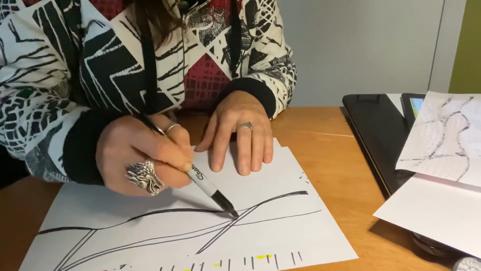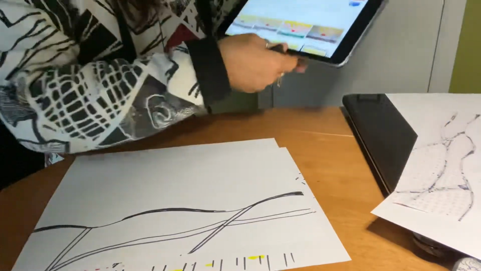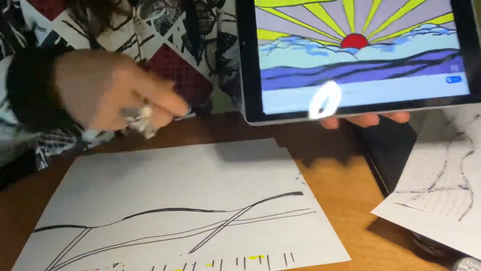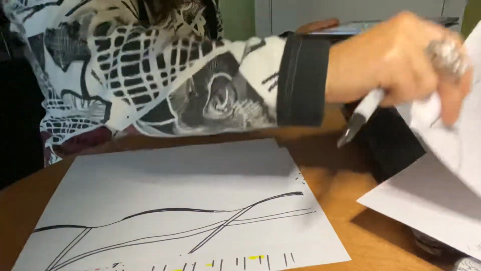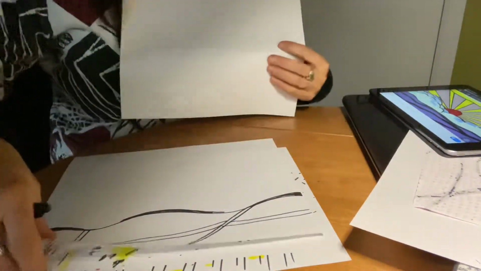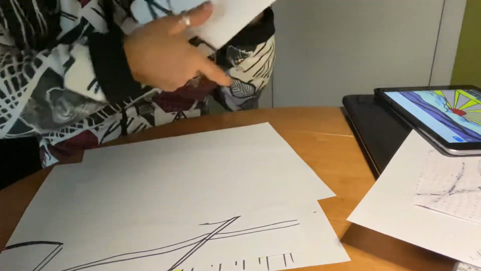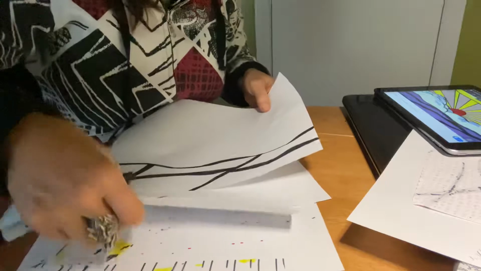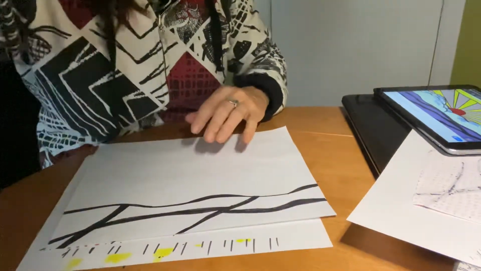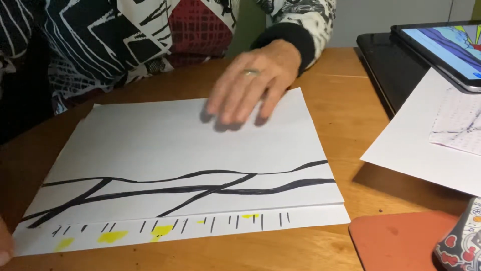If you want, take a good look at how his looks. I'm modifying mine a little also. Then you're going to color those in. I went ahead and did that so we could get it out of the way, because it does take time to color this in while I am showing y'all how to do it. All right, so you've colored this in.